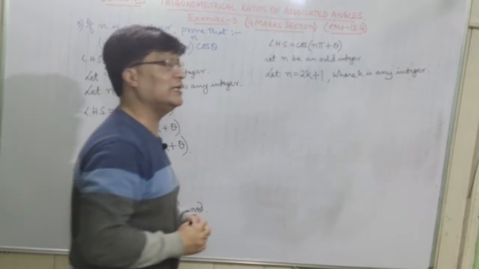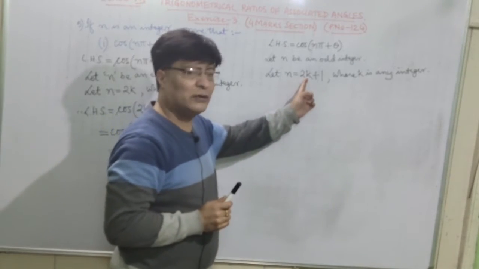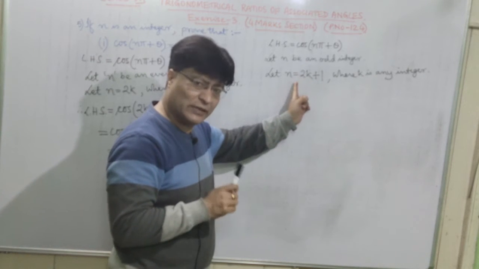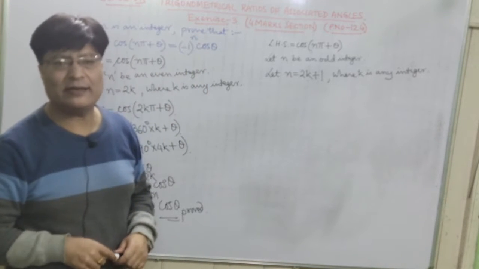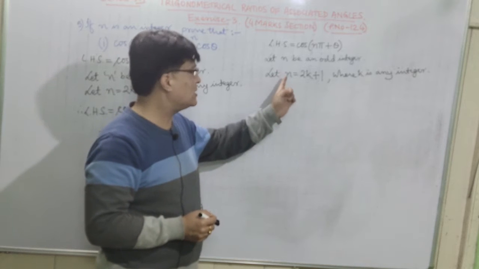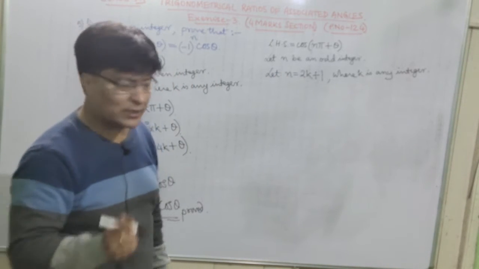Where k is any integer. I think you have understood it. If an integer is multiplied by 2, it will be an even integer. If we add 1 to this even integer, it will be an odd integer. So odd integer can be assumed as n is equal to 2k plus 1. I think you have understood it.